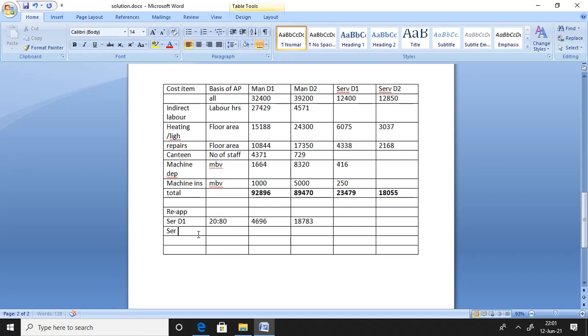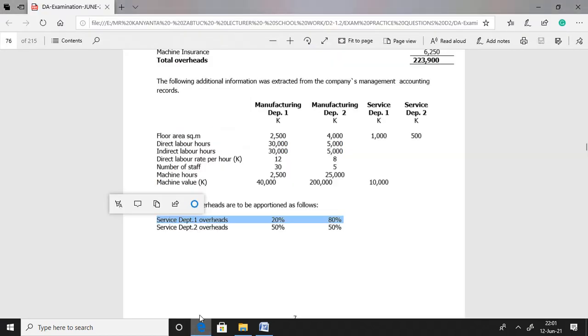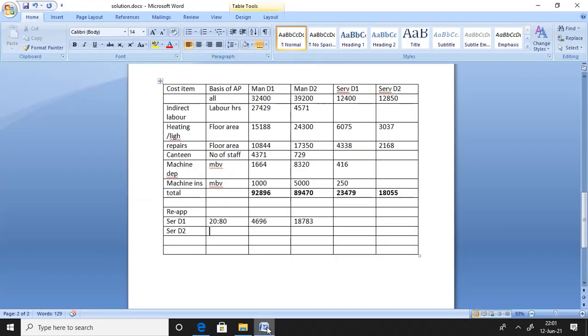Reapportioning service department 2 costs. The basis of apportionment for service department 2, check down there: department 2 overheads 50-50, so we're sharing that cost half and half. So take that cost for service department 2 and spread it in a 50 to 50 ratio.